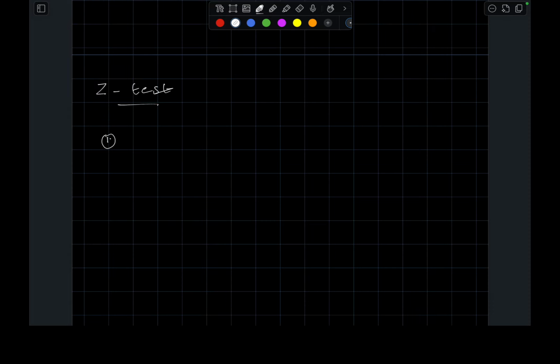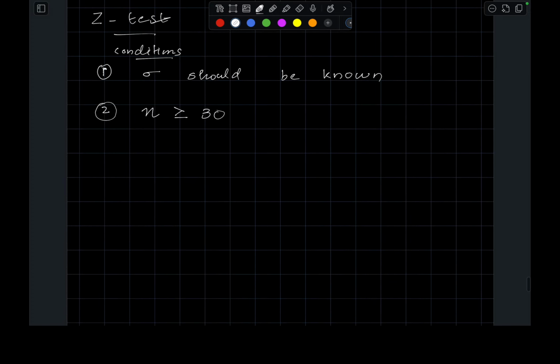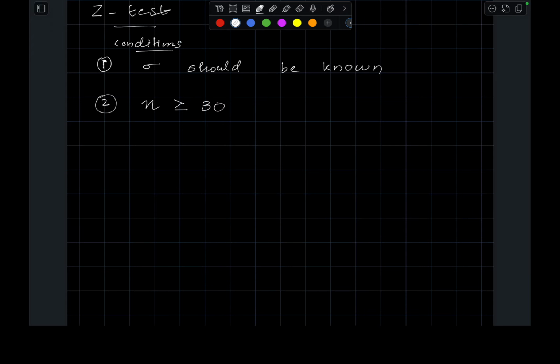In order to conduct a Z test, the initial condition is that the population standard deviation sigma should be known. And the second condition is that n, which is the sample size, should be greater than or equal to 30. These are the minimum conditions required to do a Z test.